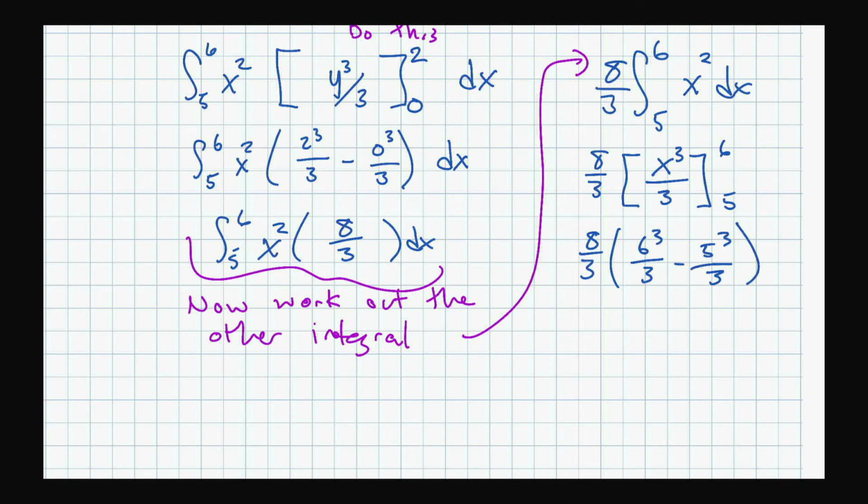I don't know what 6 to the 3 is. So I got 6 to the 3 over 3 minus 5 to the 3 over 3, which is 30 and a third, or 91/3. So this is 8/3 times 91/3, which is 728 over 9.